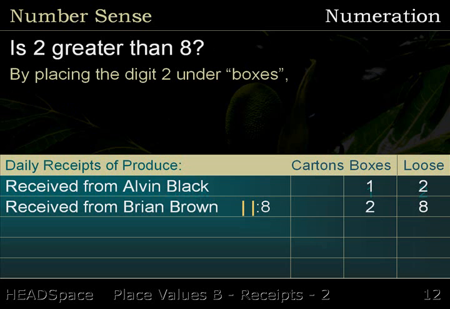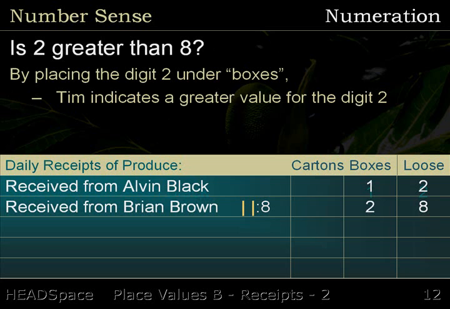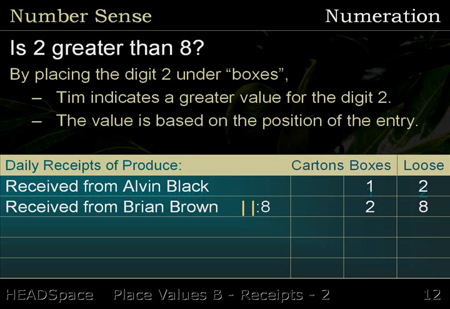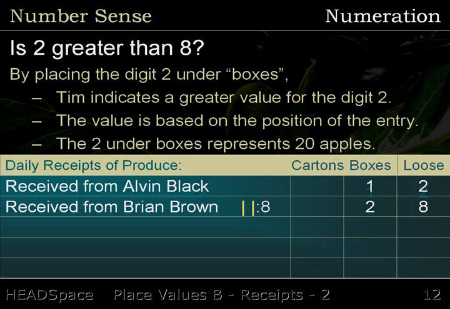By placing the digit 2 under boxes, Tim indicates a greater value for the digit 2. The value is based on the position of the entry. The 2 under boxes represents 20 apples.